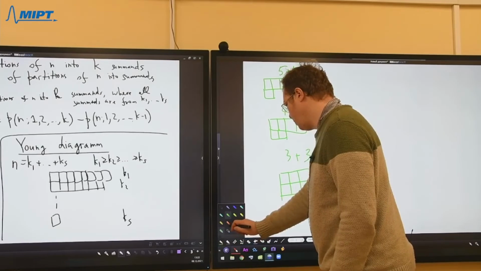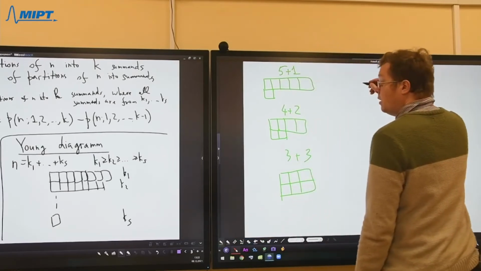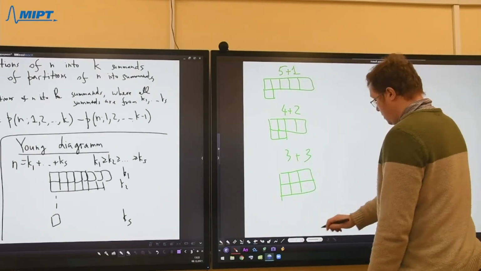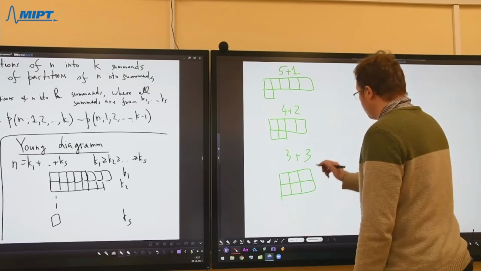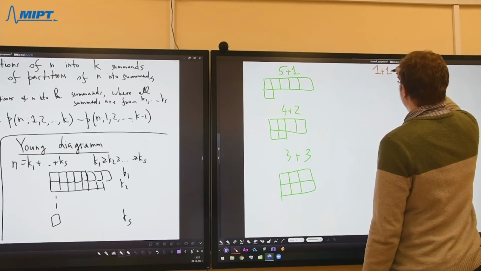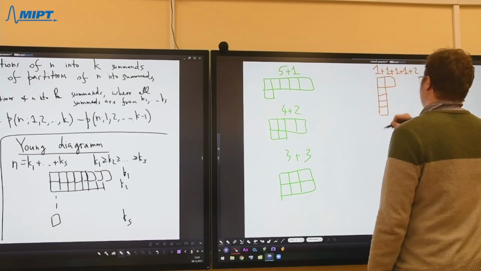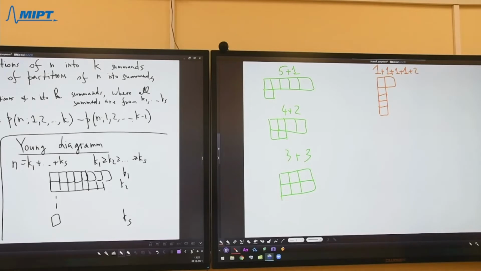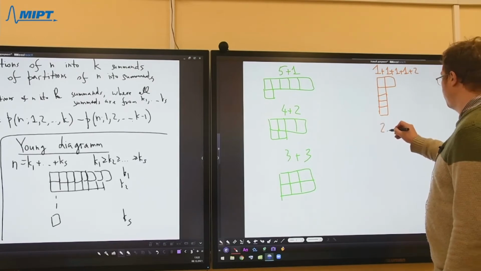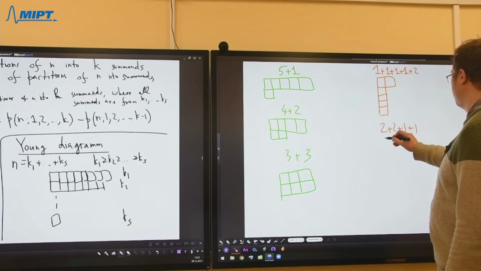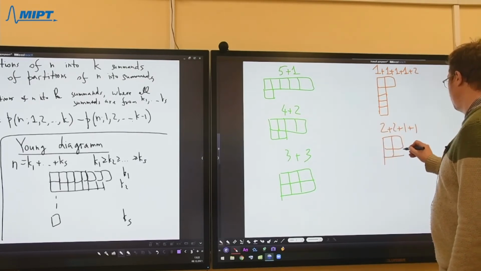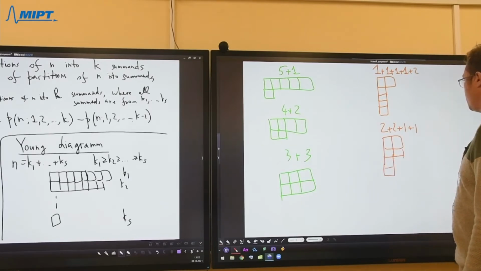Okay, and if we're talking about the second kind of partitions, then we need to draw this one, 1 plus 1 plus 1 plus 2. If you order them, then 2 will be the maximal number. Then we have 2 plus 2 plus 1 plus 1, which is this Young diagram.